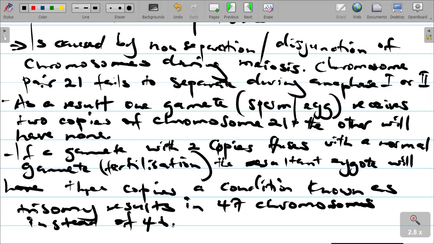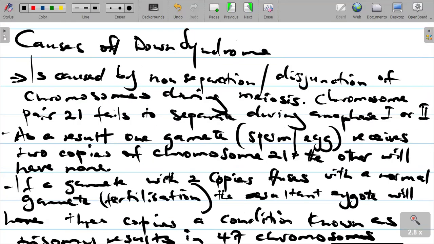Therefore, this condition is the one that causes Down syndrome.